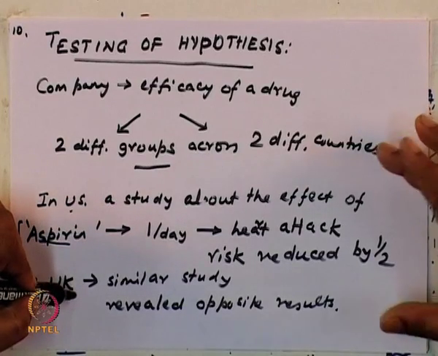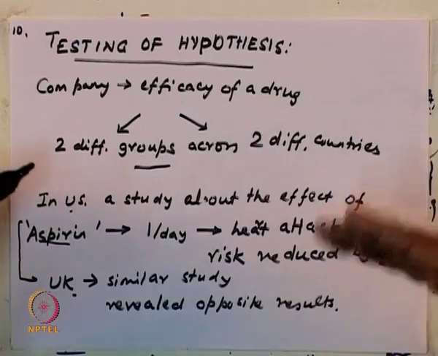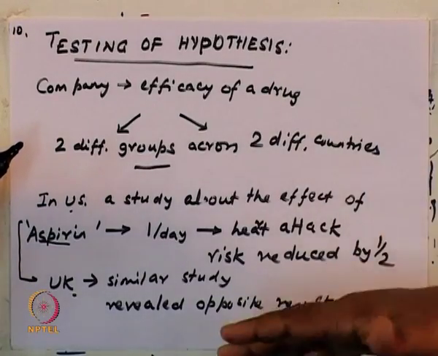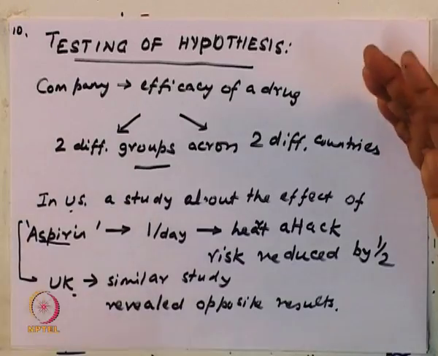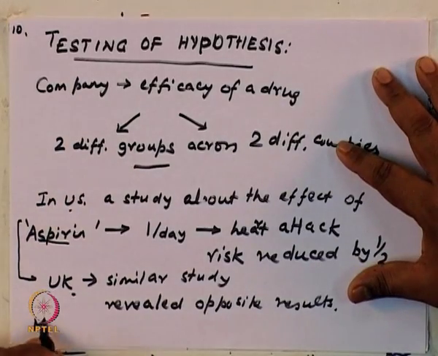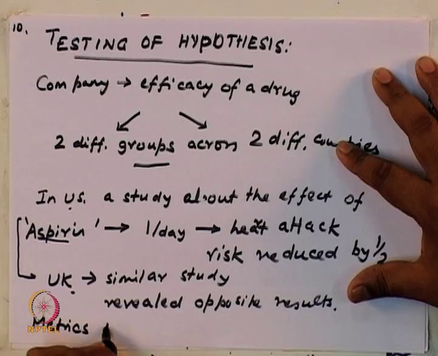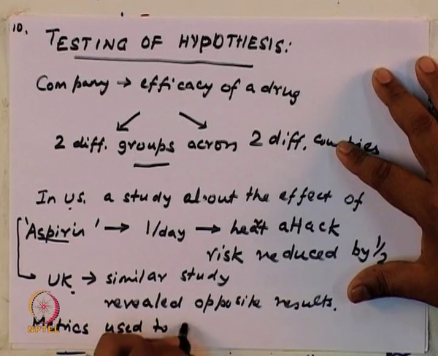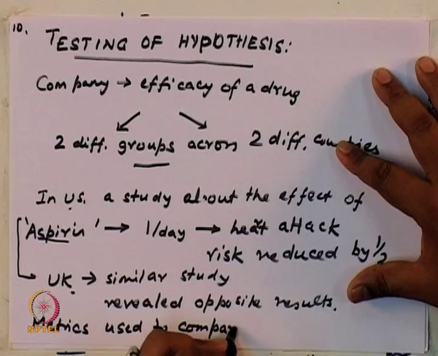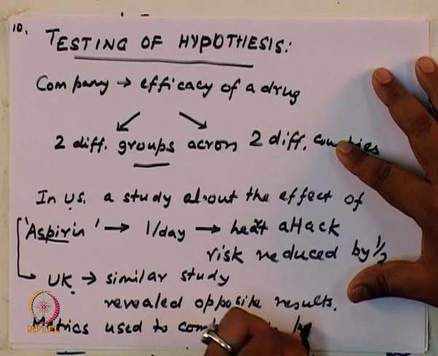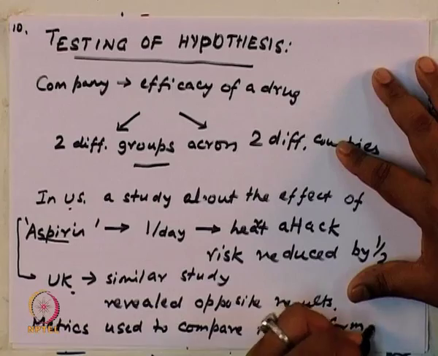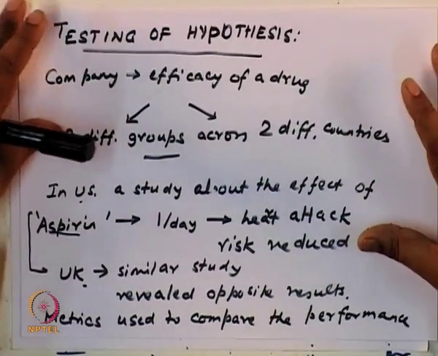It is debatable whether this is because of differences in people, but more likely it is because of the differences in the metrics used to compare the performance. So, this is where statistics becomes very important.